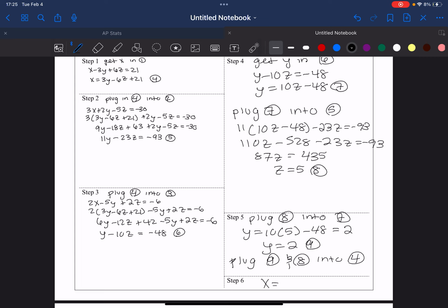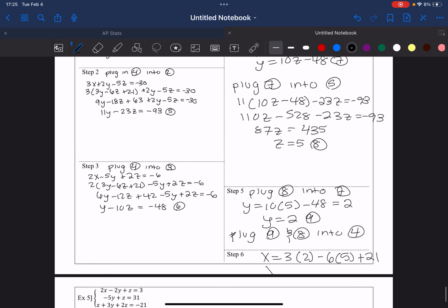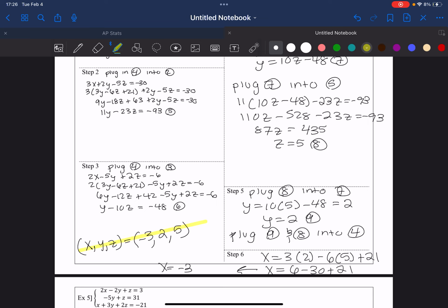So I have x is equal to 3 times 2 minus 6 times 5 plus 21. So x is equal to 6 minus 30 plus 21. Running out of space here. x is equal to negative 3. Okay, which means I have my solution x, y, z is equal to negative 3, 2, 5. That's my answer.